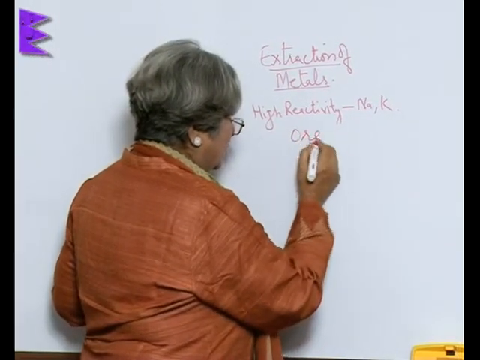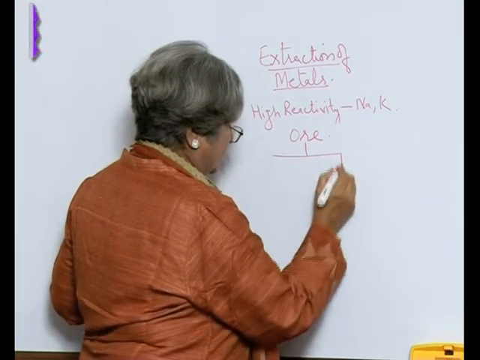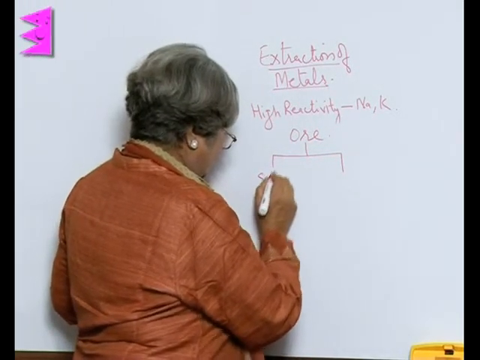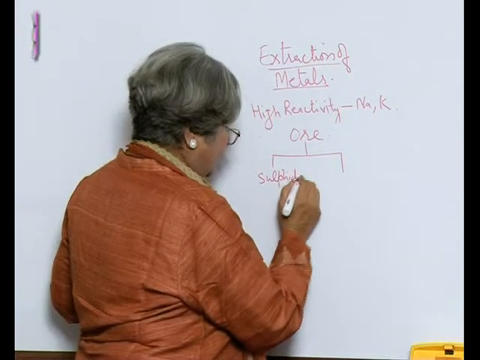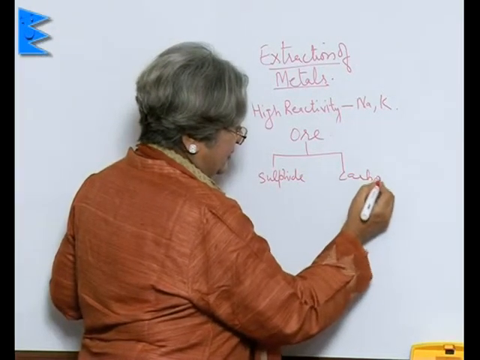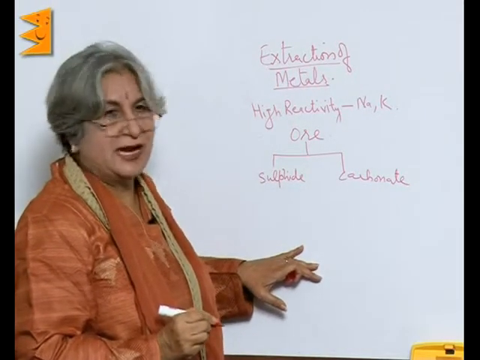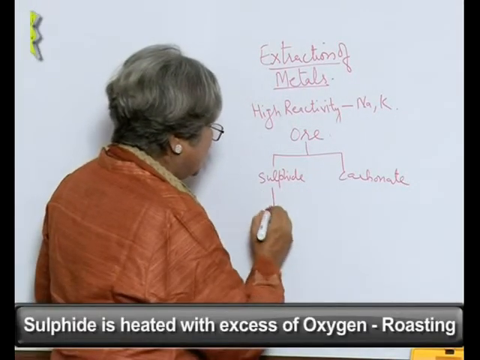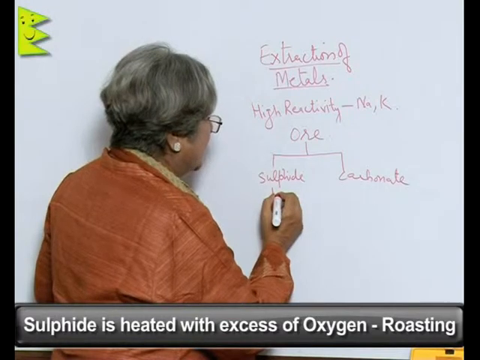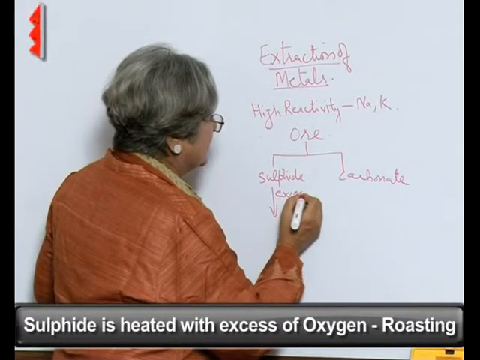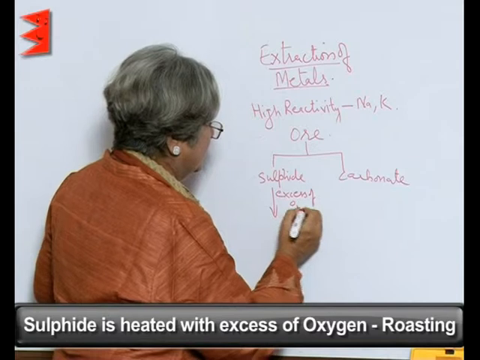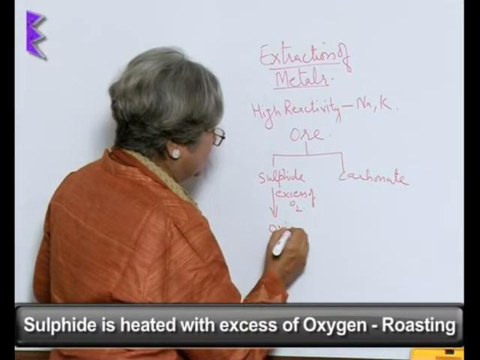There is this ore, sulfide or carbonate. To convert them into their respective oxides, what we do is sulfide is heated with excess of air, oxygen, and we get oxide.